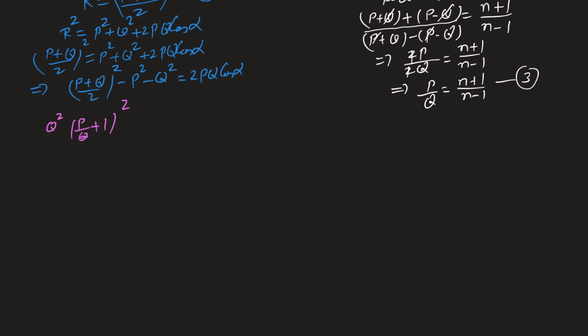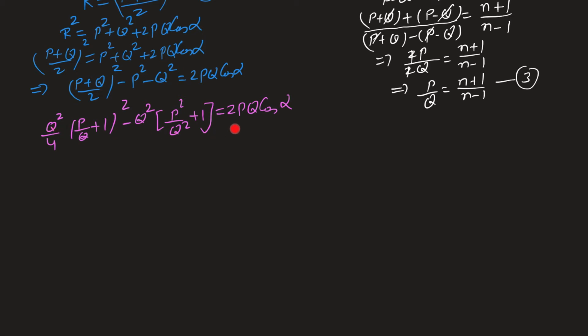So this will be divided by 4, minus will be out, and I am going to take Q square outside. So it will be P square by Q square plus 1 is equal to 2PQ cos alpha.